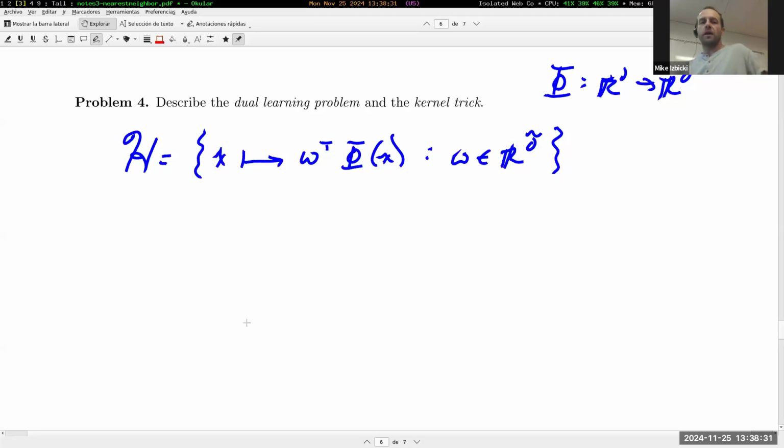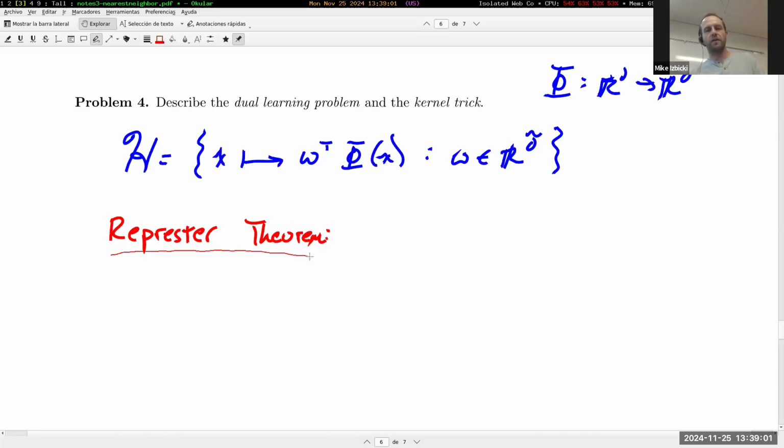And the dual learning problem is the observation that there is a theorem called the representer theorem, and I will write that out, and then we will see how that representer theorem allows us to modify this problem up here. So the representer theorem goes by many names that are effectively synonyms.